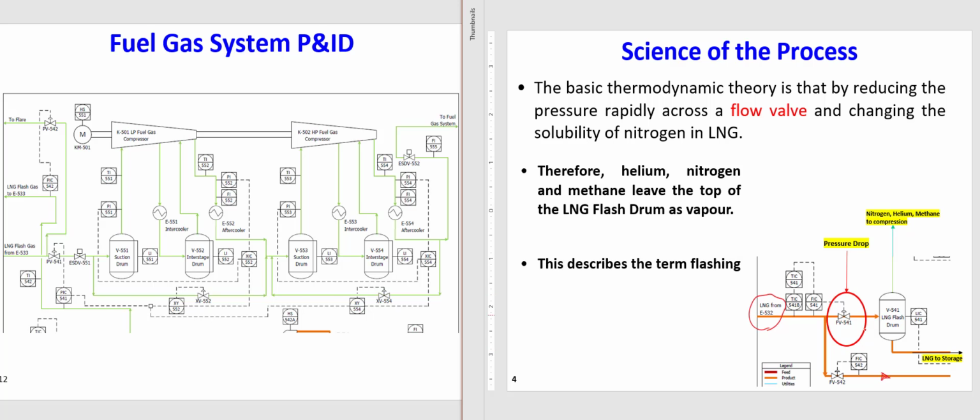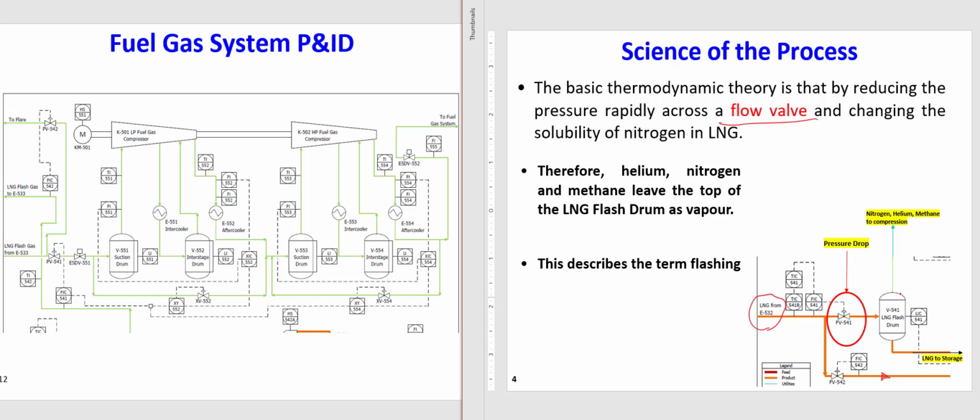And then we send the rest through a flow valve, where the pressure will decrease significantly. Once the pressure decreases, we send it right away to a flash tank, the LNG flash drum.